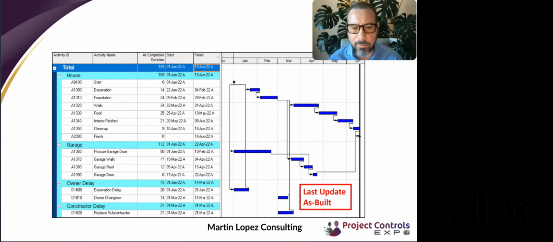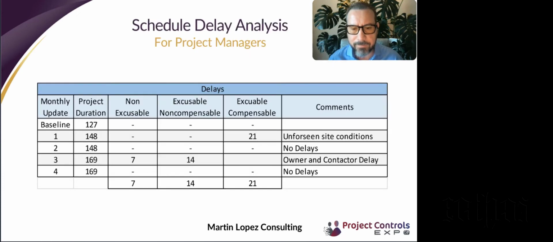And so we arrive at the end of the project. And at the end of the project, what we have is a project duration of 169 days. We have 7 days of non-excusable delays that are attributable to the contractor, and liquidated damages then are assessed.